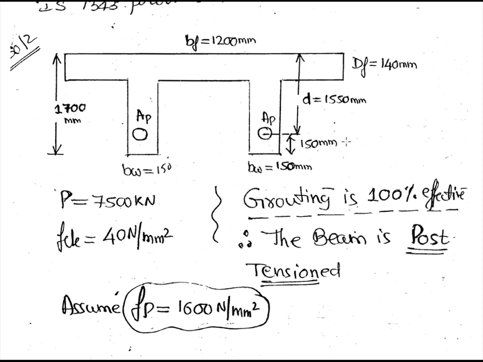It is also given that the tendons are present, cable is present at 150 mm from the soffit, 150 mm. Then this will become effective cover and this will become the effective depth 1550. The pre-stressing force is given 1500 kilonewton. Characteristic strength.